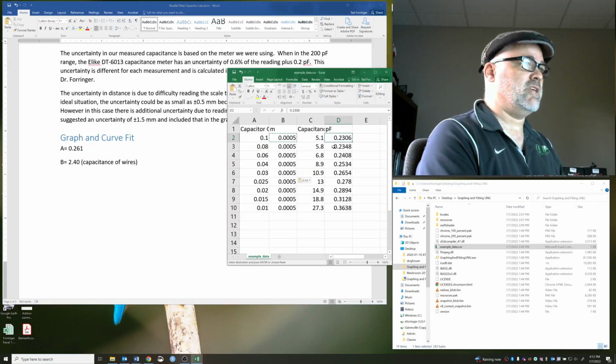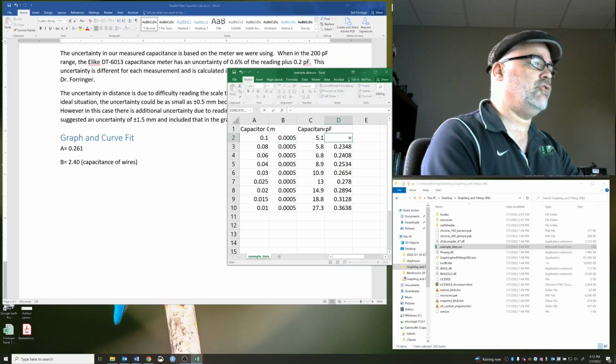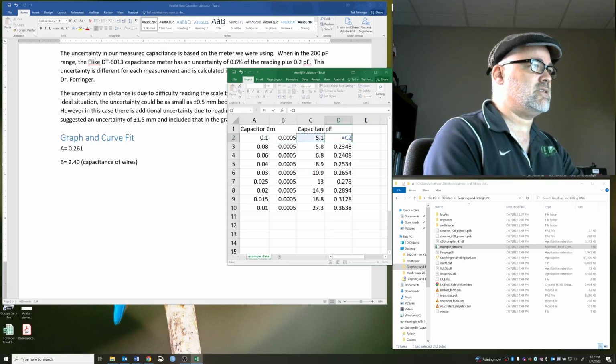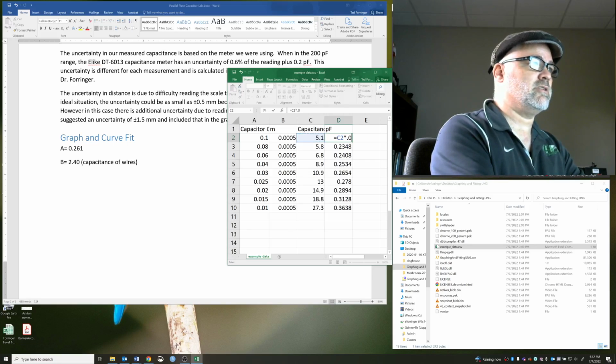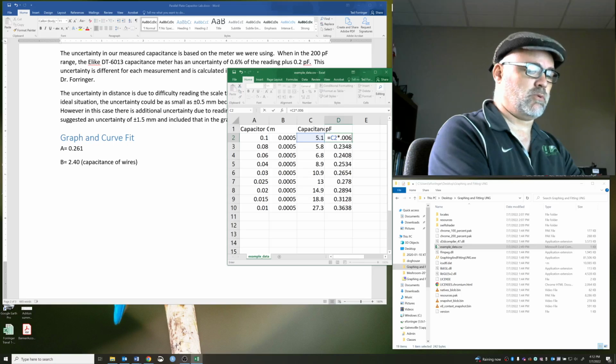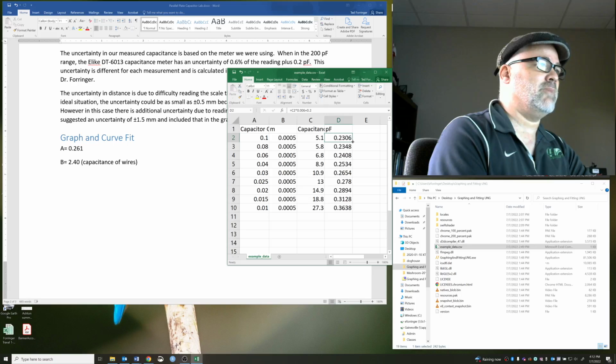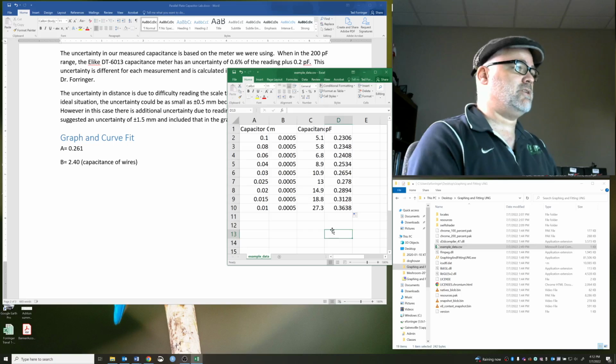So to input that into my spreadsheet, I used a formula. I said, okay, that is equal to the capacitance that we measured times 0.006, 0.6%, plus 0.2 picofarads, and that gave me an uncertainty for each data point.